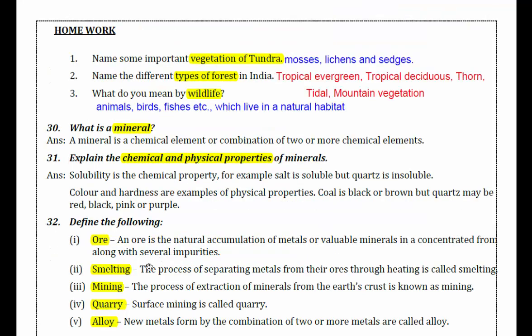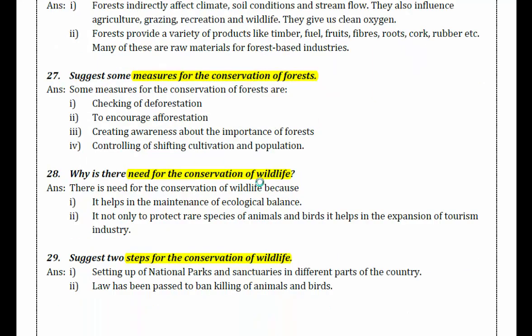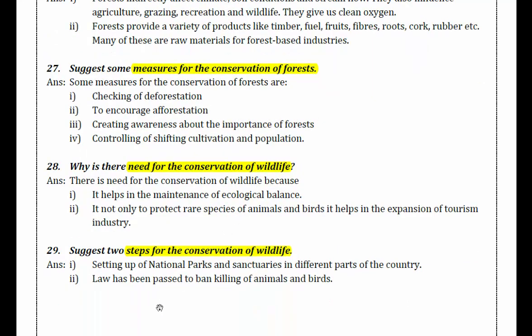Suggest two steps for conservation of wildlife. The first one is setting up of national parks and sanctuaries in different parts of the country. Law has been passed to ban killing of animals and birds. These are the two measures in order to conserve wildlife.